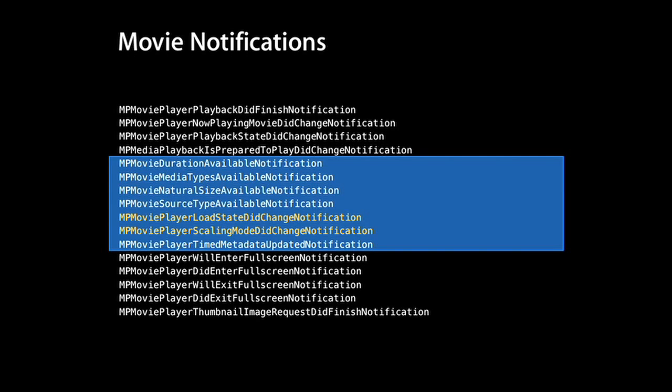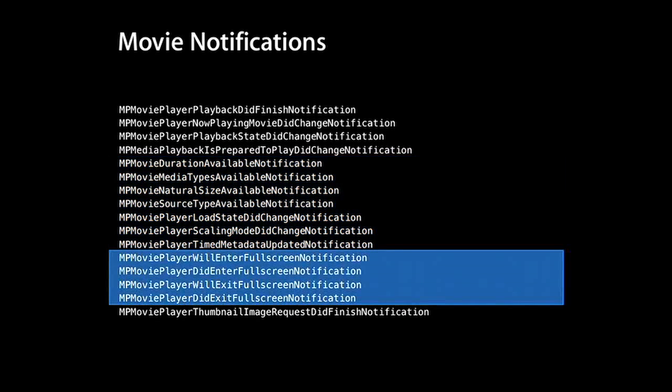The last one in this group is the timed metadata updated notification. Now, this notification only occurs on HTTP live streams. Timed metadata is metadata that's associated with particular points in time in the movie, say 35 seconds in or 42 seconds in. The timed metadata is sent as a notification because this makes it easier for your application to react to that metadata. The next group of notifications all have to do with going into and out of full screen.